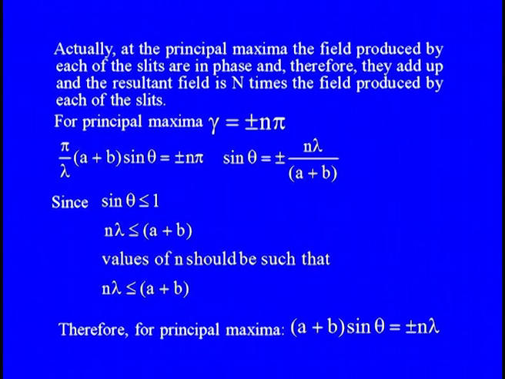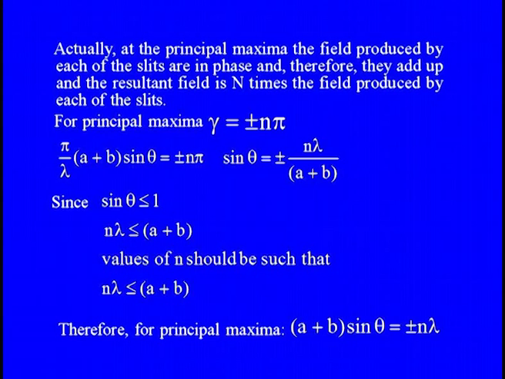Actually, at the principal maxima, the fields produced by each of the slits are in phase, and therefore they add up, and the resultant field is N times the field produced by each of the slits. So, for principal maxima, we have gamma equal to plus minus n pi. This condition we can write in terms of a and b, that is, pi by lambda into (a plus b) sin theta is equal to plus minus n pi, or sin theta equal to plus minus n lambda upon (a plus b).